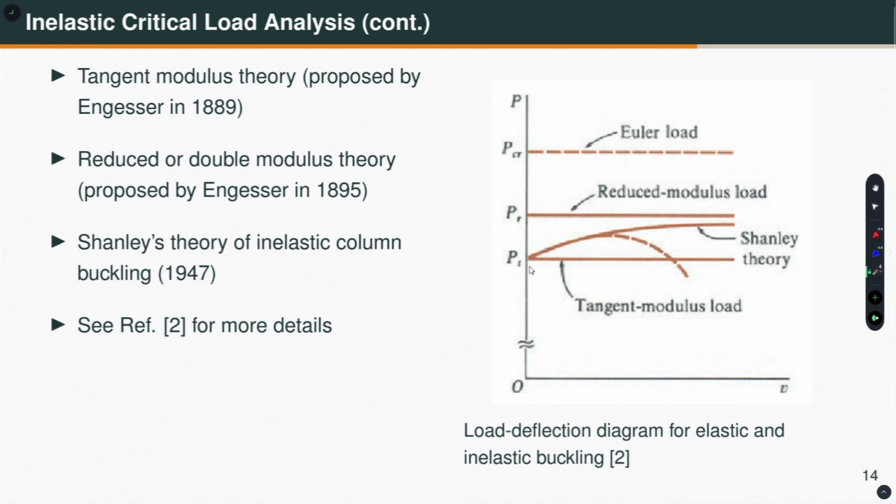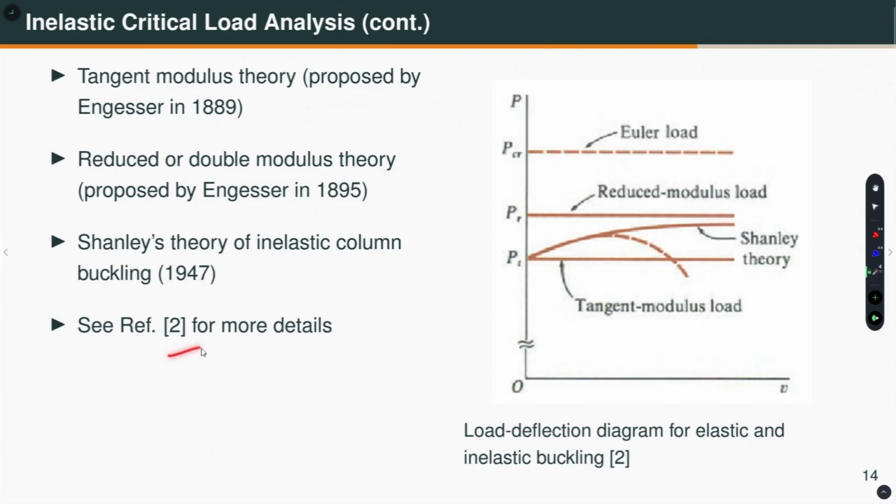According to Shanley's theory, the bifurcation of equilibrium happens at the tangent modulus load, which is Pt, and then it goes like this, and it asymptotically approaches the reduced modulus load when the displacement becomes infinite, which is not possible in reality because of so many other factors. So, actually a real column shows a behavior like that. This is the behavior of real columns.